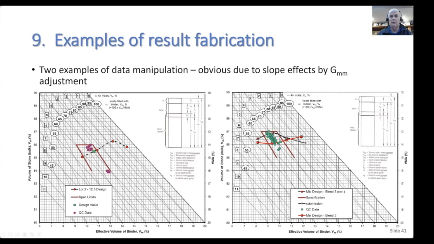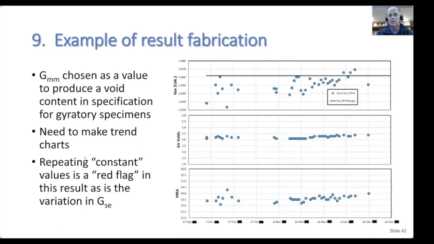I said, well, what's going on here? Why is this showing up in this manner versus the other manner? So there's some things going on, and it was the fact that the contractor in this case was adjusting the GMM to make sure his void contents were nicely in the specification.